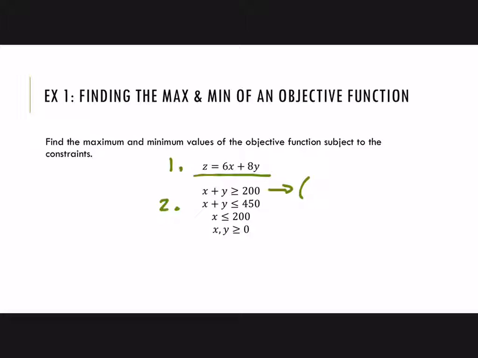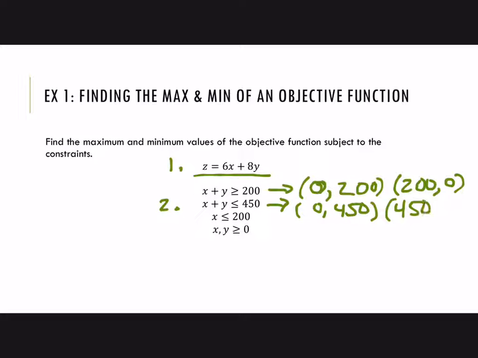If we substitute 0 for x, this is finding the y-intercept. Then y needs to be 200. Remember, I'm pretending that there's an equal sign right there right now. And then if I make y a 0, then x must be 200. The second equation, the intercepts, similarly are 0, 450, and 450, 0.